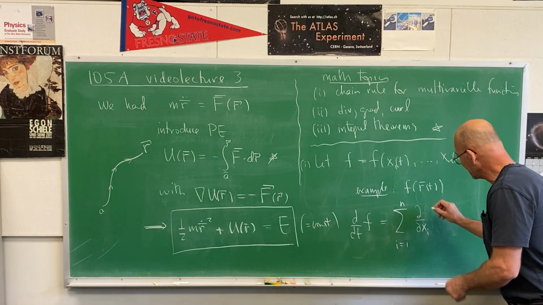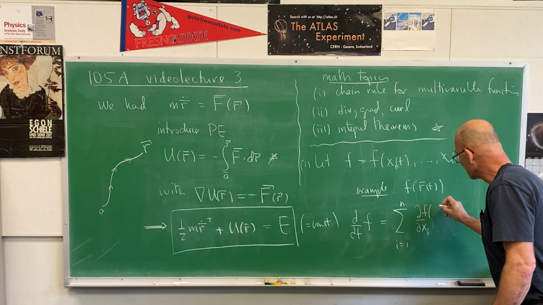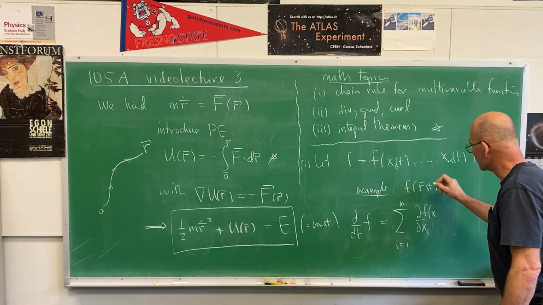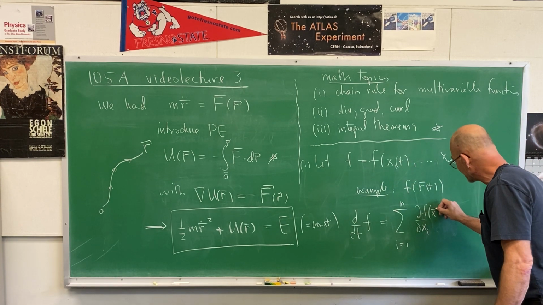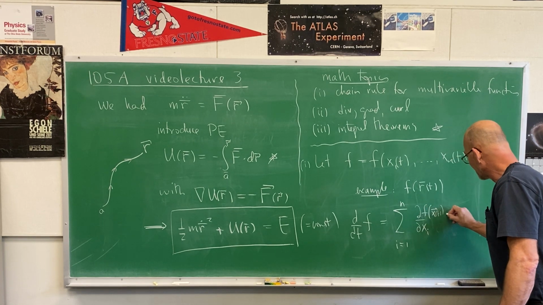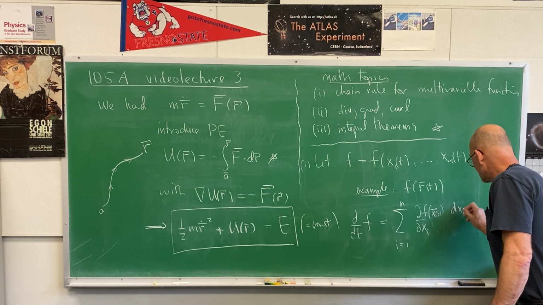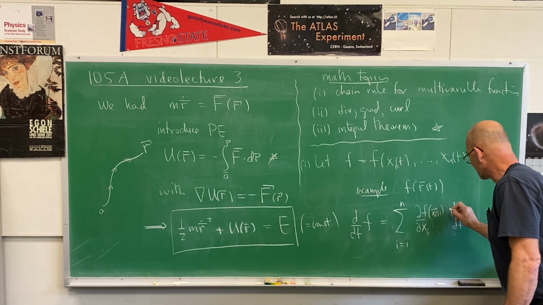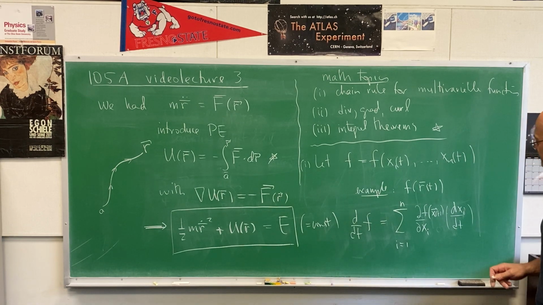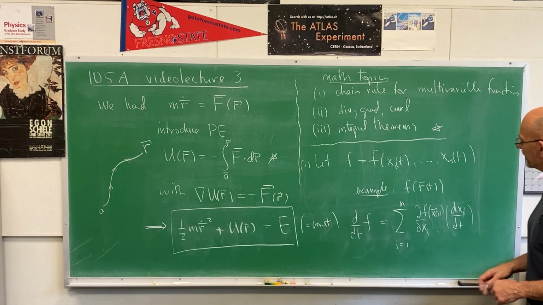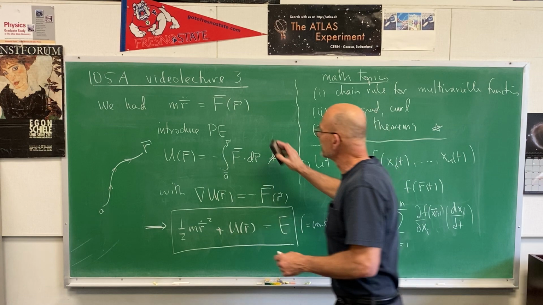So we would have df of, since this is x1 to xn, I'll just say x vector of t, and then dx i, once again summing over all of these from 1 to n. Okay, let's keep looking at that.